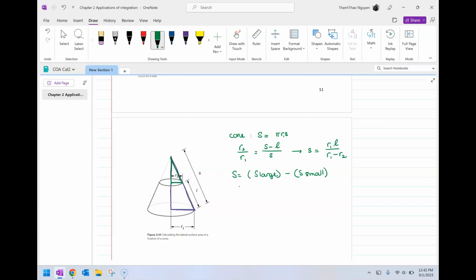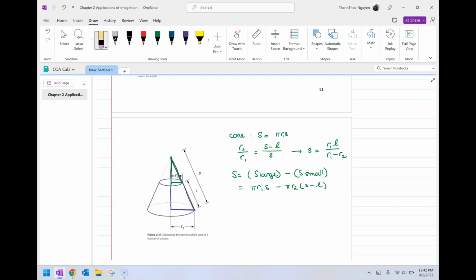Okay. So here we have pi R1 times S minus pi R2 times S minus L. I can factor this to get pi times L. I can simplify it in the way that we know S is equal to R1L divided by R1 minus R2.